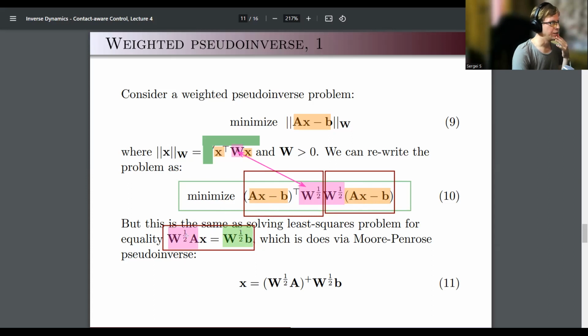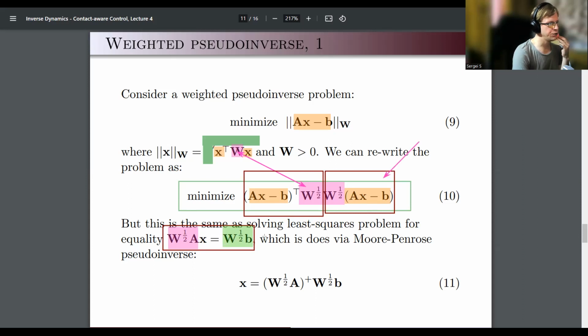Well, why is it equivalent? Let's say we want to solve this problem here as a least squares. What do we do? We want to minimize the norm of the residual. The residual would be this expression.